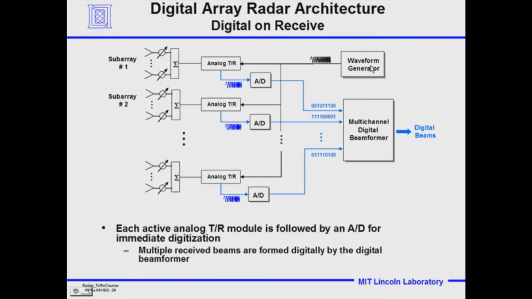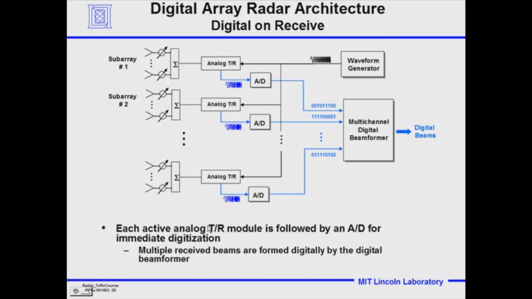So if we have a transmit beam that's fairly wide, we can generate a number of different receive beams that could look at different places within that transmit beam. And each active analog TR module is followed by an A to D for immediate digitization.